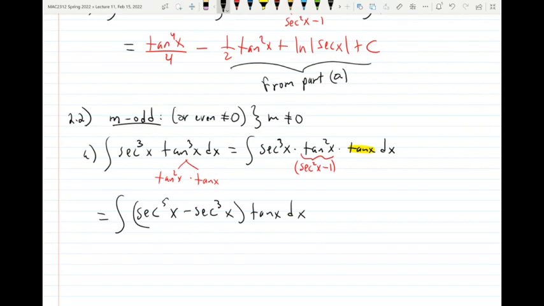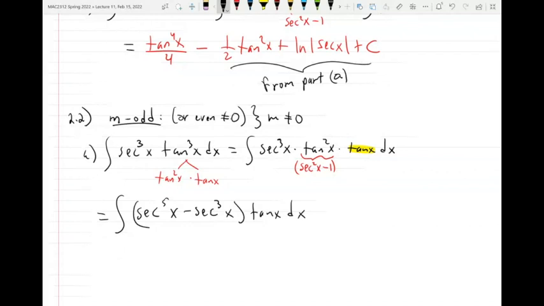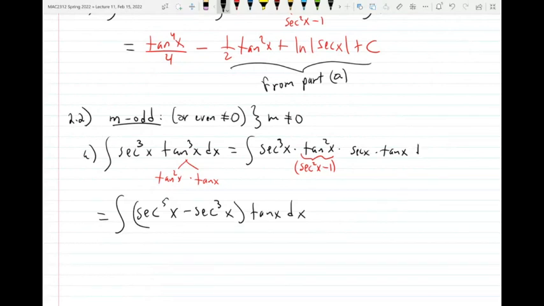Let's separate the tangent, and since we already have a secant, because that's why I'm saying n is different than 0, there is some secant in the expression, let's put a secant next to a tangent. So I separate a tangent, but let's also separate a secant. So this is now a square here. We are making our preparations. Now we want the rest to just be secants, and we already have that.